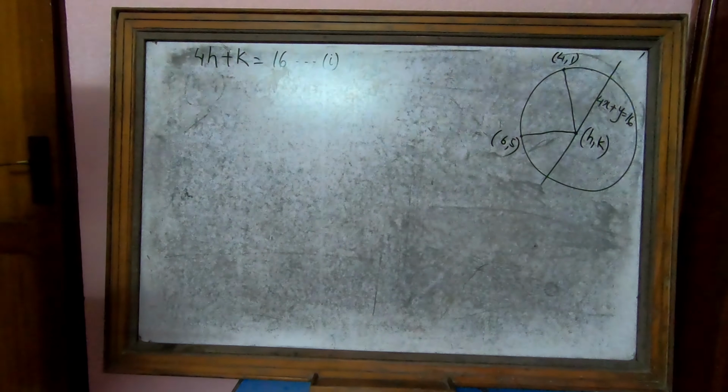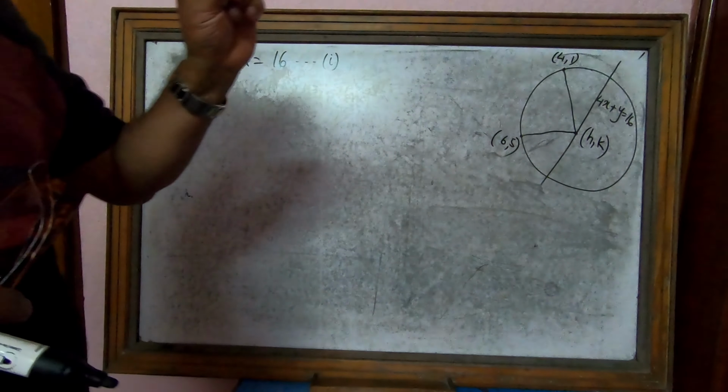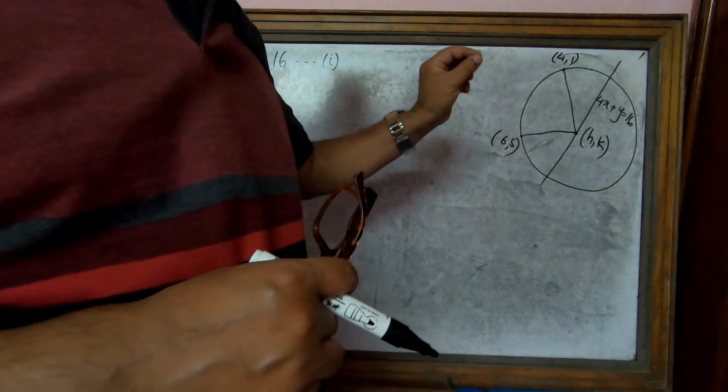Now to get the second equation. The circle passes through these two points, which means this distance is one radius, this is another radius. So this radius and this radius of the same circle are equal in length.